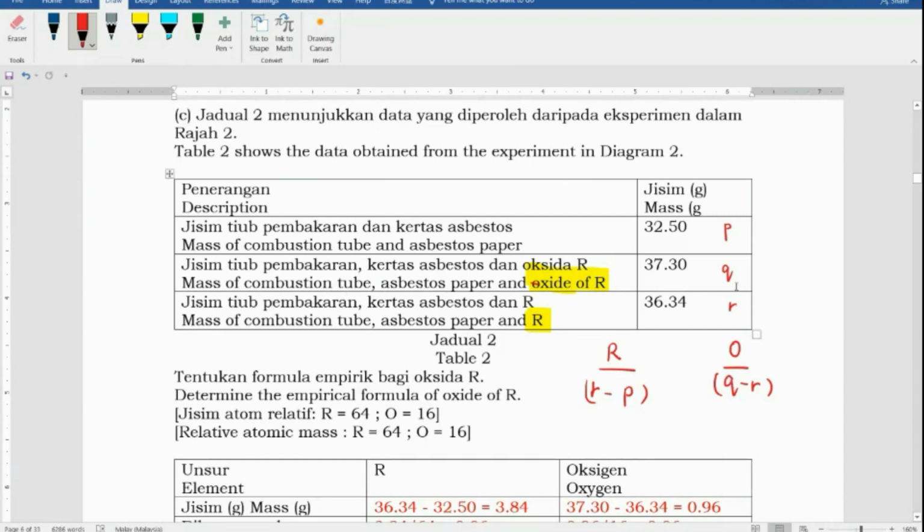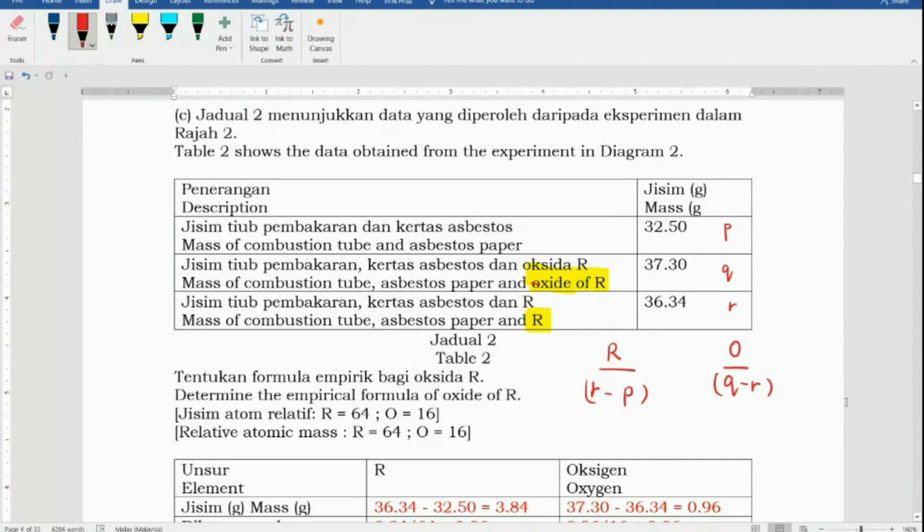And for oxygen it is Q minus R, which means 37.3 minus 36.34, so it's 0.96. That is the mass. Anything you want to ask?